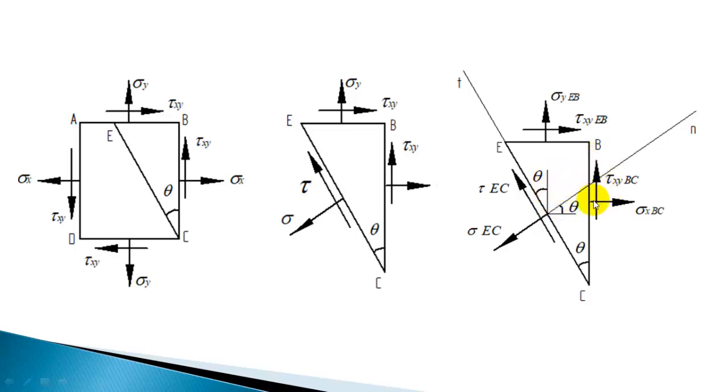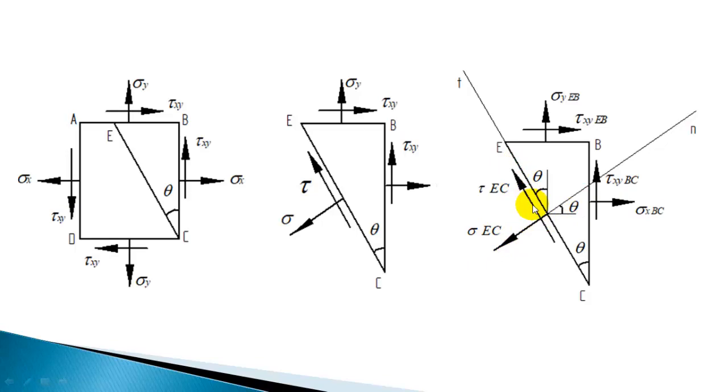So two vertical forces are there. Those forces' components in the normal direction will be sin theta, and for the horizontal force, the component will be cos theta. And this is acting normal to that plane, so you can directly take the same value.